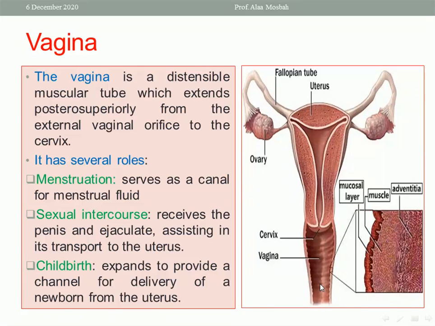Also, during intercourse, it receives the male organ and ejaculate, and this ejaculate will be transported through the vagina to the cervix and the uterine cavity. Also, it is important as a channel for delivery of the newborn from the uterus. This is the natural pathway of delivery, and it is a distensible organ allowing delivery in case of normal labor.